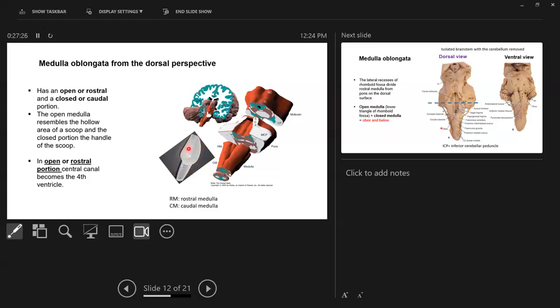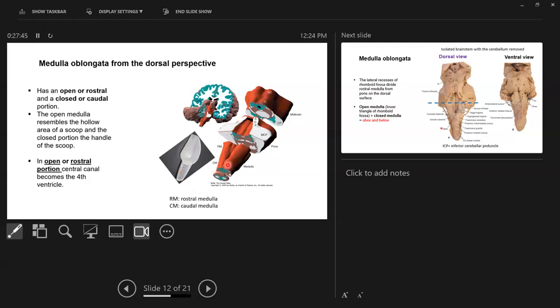The open aspect of that scoop would overlie the caudal part of the rhomboid fossa, the floor of the fourth ventricle. That's the open or rostral medulla. And then the handle, if you will, of our scoop is the caudal medulla.